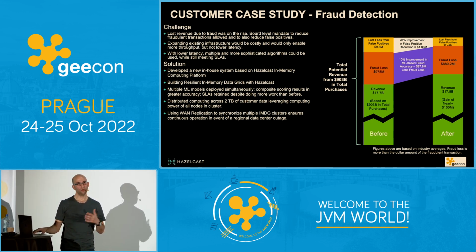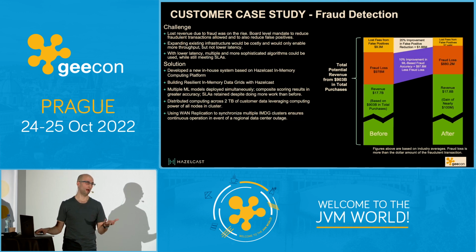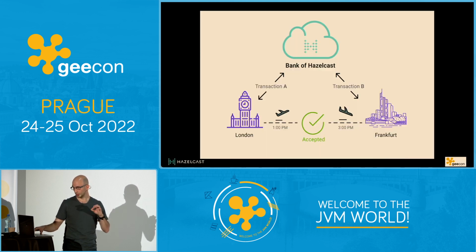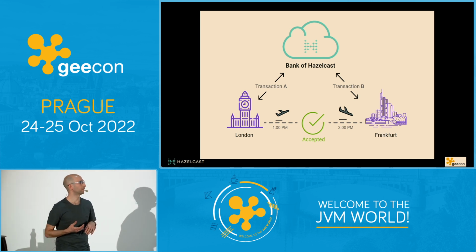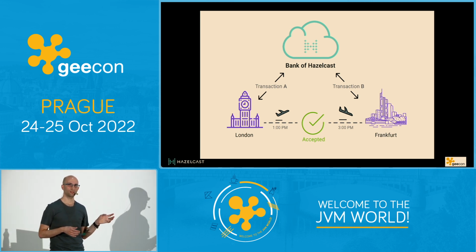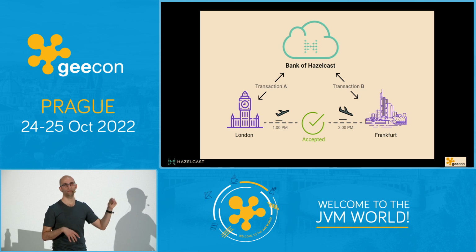What I will show you is, first of all, I have 2 demos. The first demo is a real use case, a process that any one of us has encountered. Think about if you're in 2 places. For example, if you're in London, you have a 2-hour time window between London and Frankfurt.